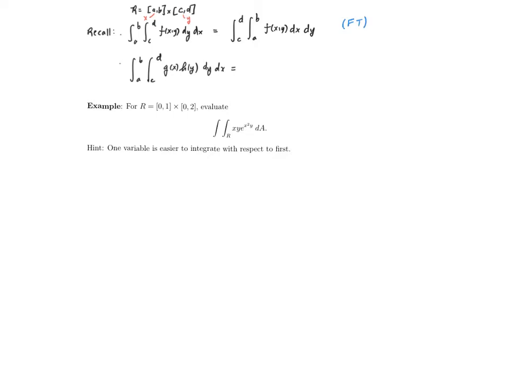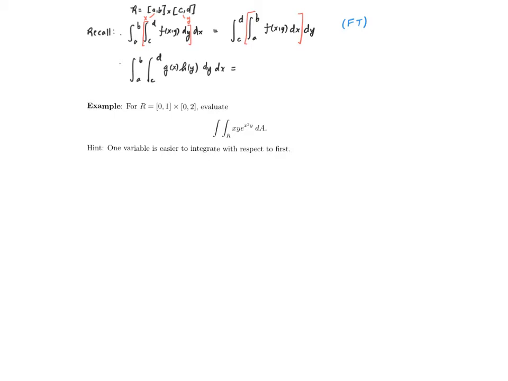It essentially tells us that for a rectangle, the order of integration does not matter. I could first integrate with respect to y, and then with respect to x, or vice versa. But just recall, however we go about this, we work our way from the inside out. We first take care of the inside integral, then we take care of the outside.